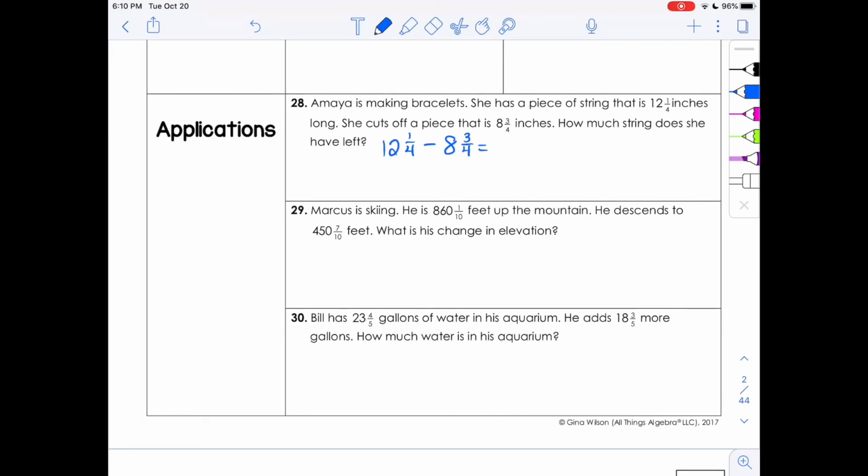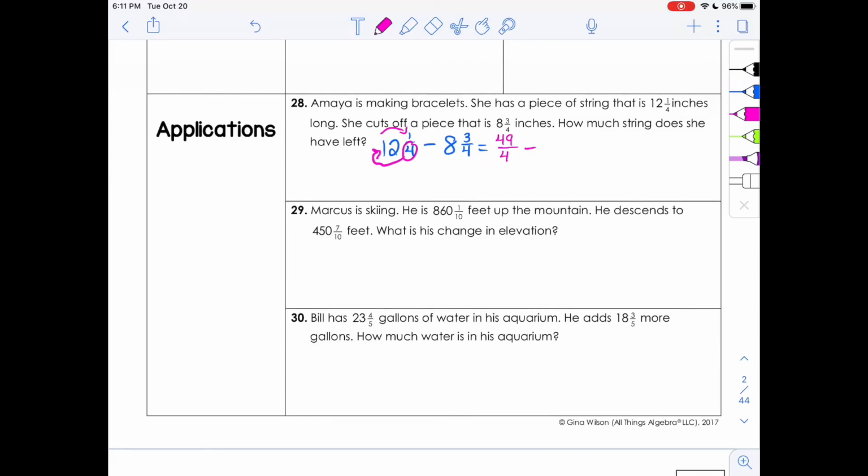To turn 12 1/4 into an improper fraction, we're going to multiply 4 times 12 and add 1. And that gives us a numerator of 49. And our denominator of 4 will stay the same. Minus, we also need to change 8 3/4 into an improper fraction.